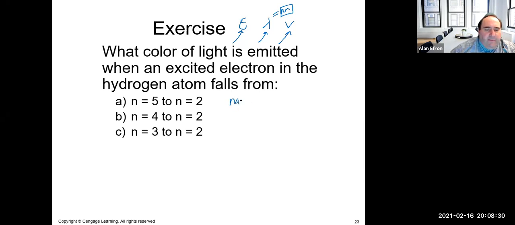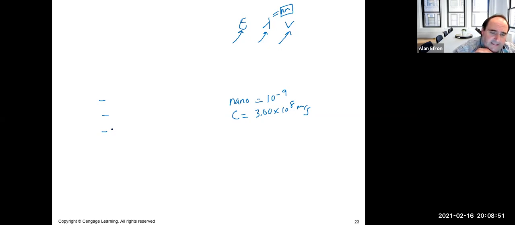Nanometers, again, a reminder, nano is 10 to the minus 9. Also a reminder, c is 3 times 10 to the 8. And obviously in this case, we're doing transitions for each of these, so you do want to use the equation we just saw, that minus 2.18.